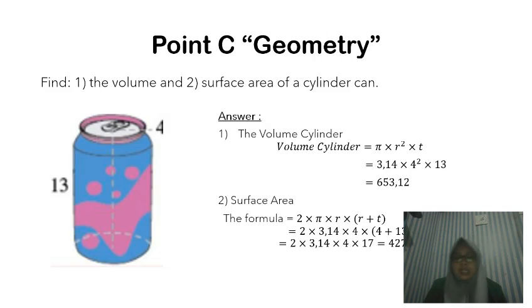Next, point C is geometry. The question is: find the volume and surface area of a cylinder cake.